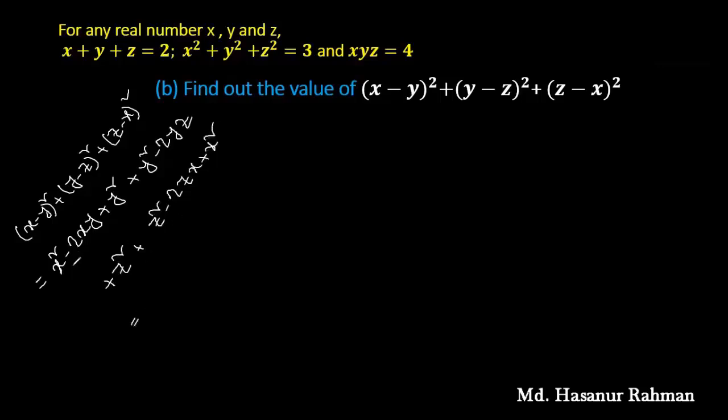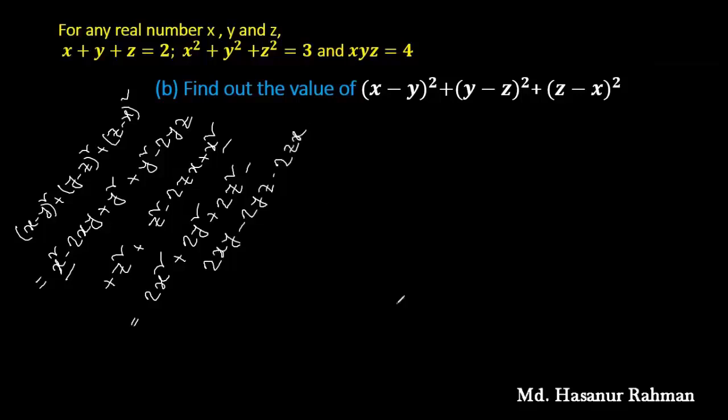Now if I add x square and x square, we'll get 2x square, y square and y square, that will be 2y square, z square and z square, that will be 2z square, and there are minus 2xy minus 2yz minus 2zx. Very simple one.